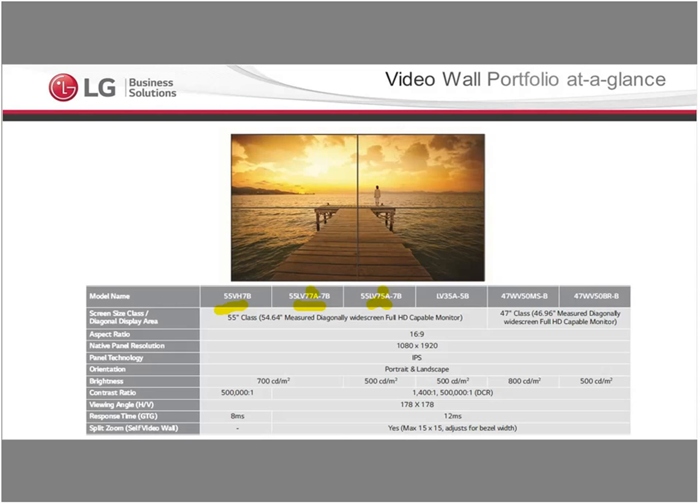And now, as I was talking about the LV35, once again, the VL5B that I just spoke about is replacing the 49-inch LV35A. And it's a great thing. So continuing on with our breadth of video wall solutions, we now have what are truly legacy products in the 47-inch WV50MS and the 47 WV50BR models.